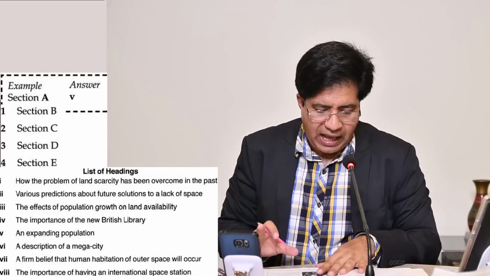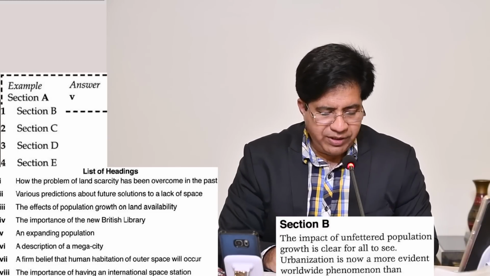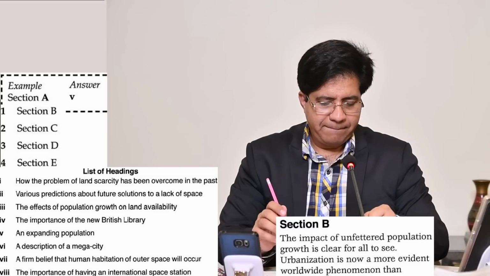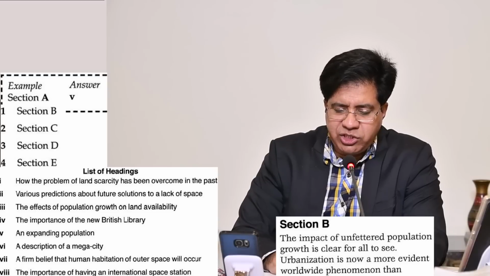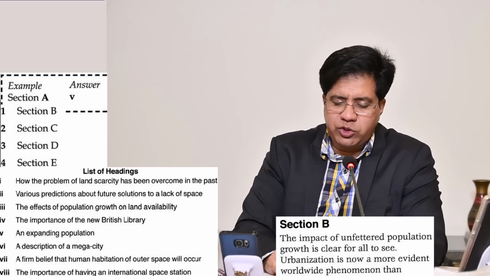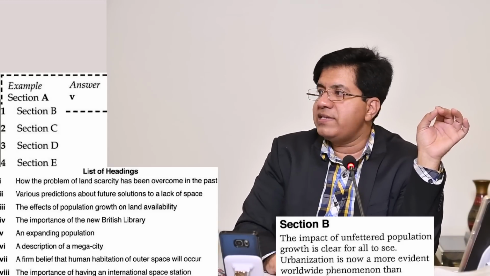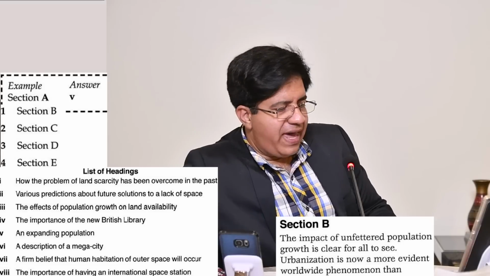Okay. Now, we just go on to paragraph B, please. We do it together. Paragraph B. The impact of unfettered population growth is clear for all to see. Unfettered population growth. What is the meaning of impact? Impact means effect.